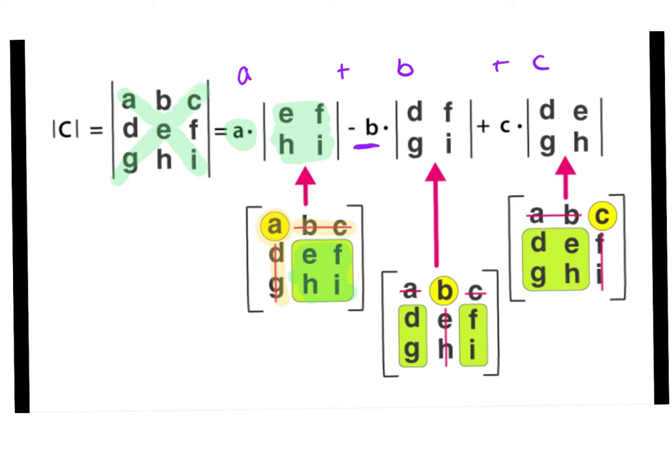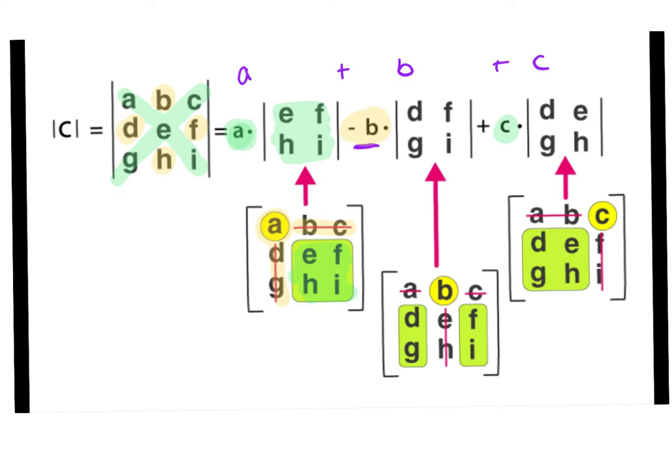So the A will stay the same. This is only for the guys on the outside. The inside guys always keep their numbers the same. But the guy that you're multiplying by, the one that you're actually pulling out, if they're on the diagonal, they're going to be exactly whatever they are. If they're not on the diagonal, you're going to flip their sign when you multiply them, which is why this B flipped the sign.